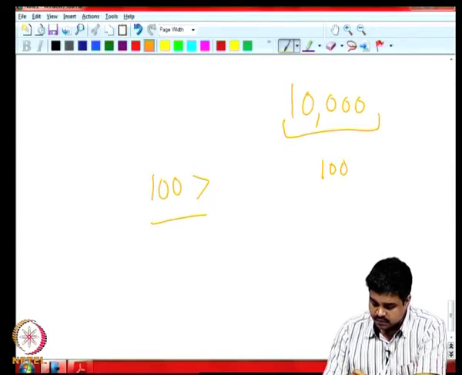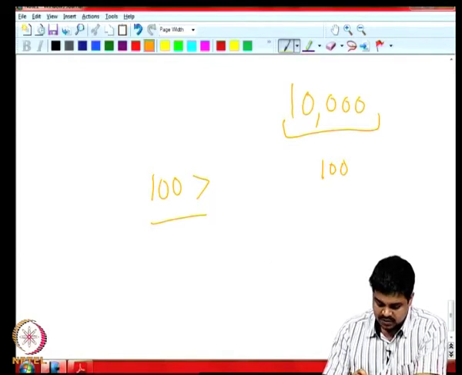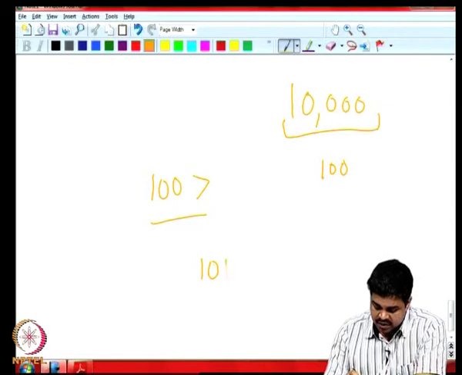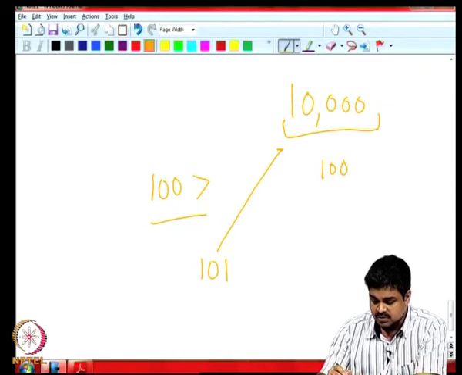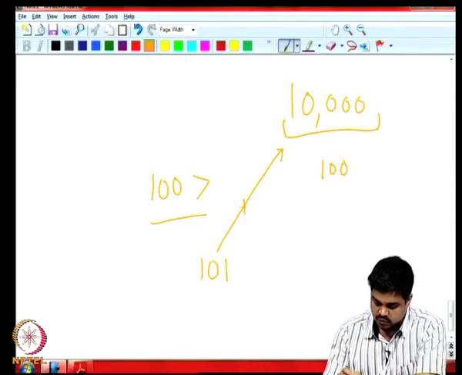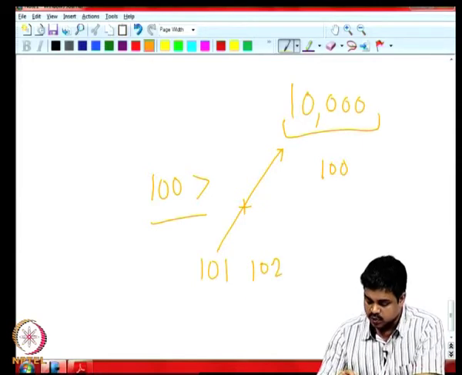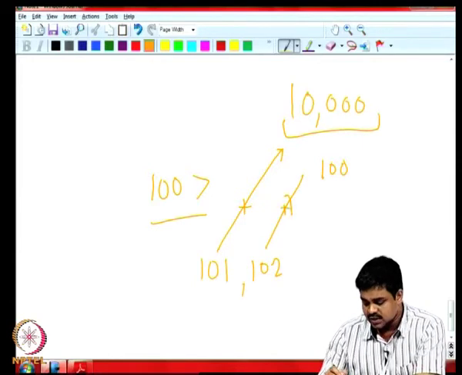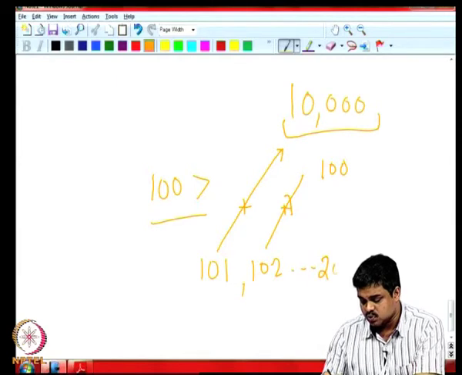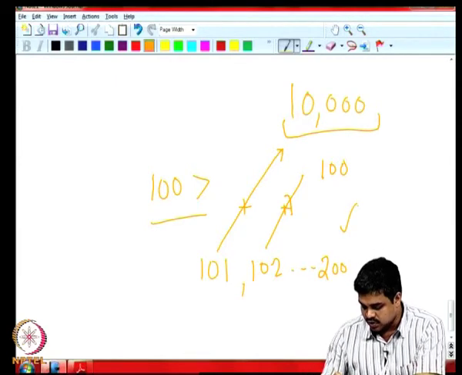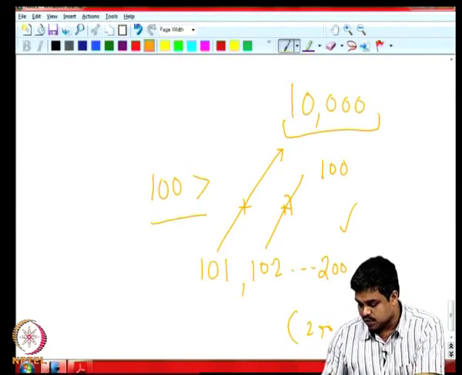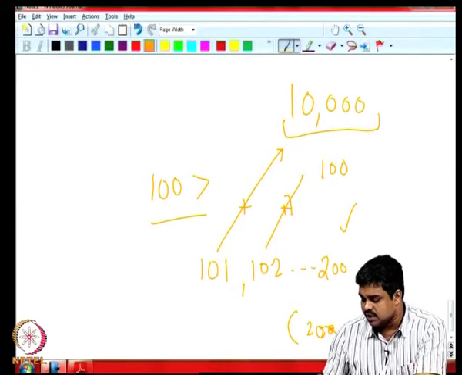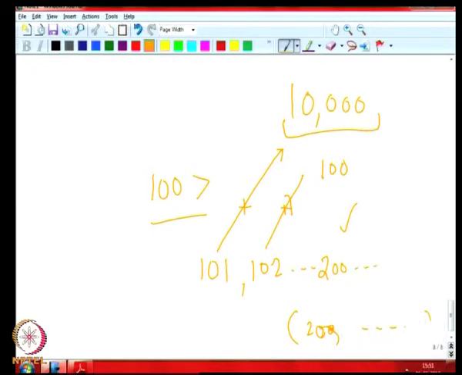So, then he may do like this, he may check whether 101 is a divisor of 10,000 or not, then he says no, 102 he tries, no. So, like that he may try. When he reaches 200 he may write yes, and he writes down okay, 200, I got 1. So, like that he can keep listing things, but how many times he has to do this?